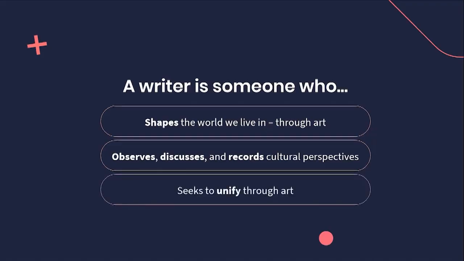But lastly, a writer is uniquely someone who seeks to unify through art. This unification mechanism that's always the final end of the writing process is something that I hope you will come to see the value of as we progress throughout this course.